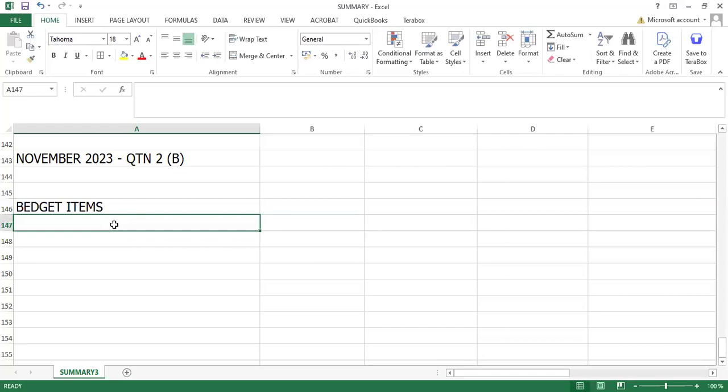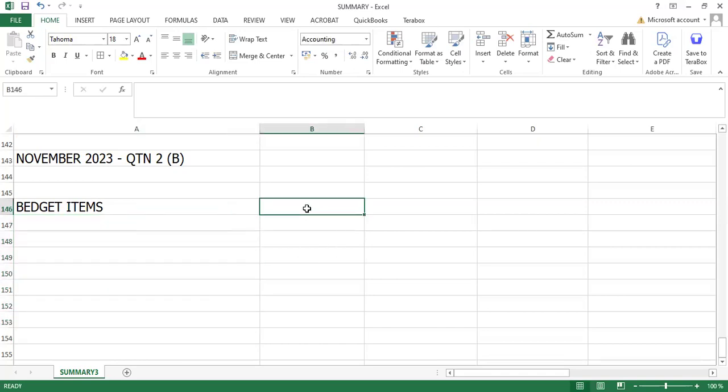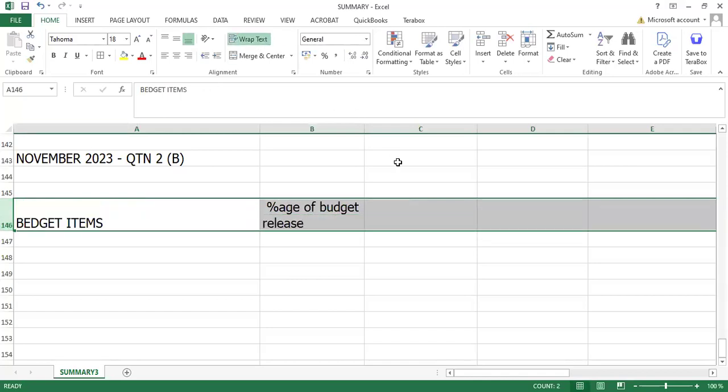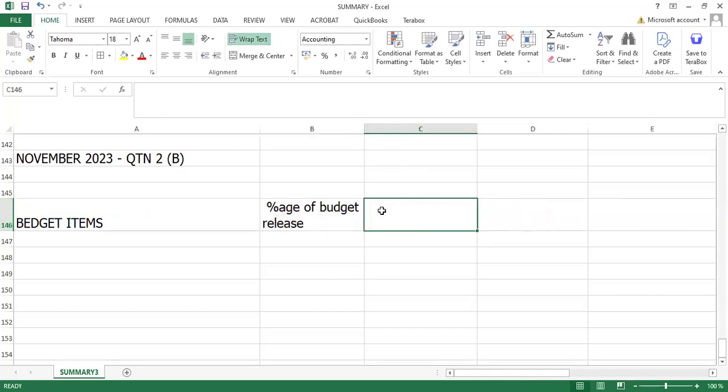The revenue and the expenditure items, put them here. Then create a column for the percentage of budget released. Then create a column for the percentage of budget spent.